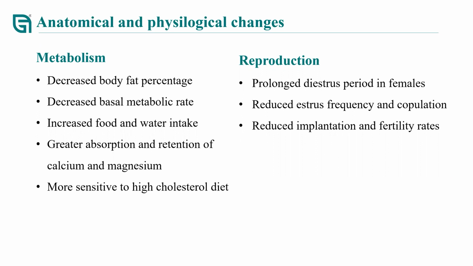Last, GF mice are more sensitive to a high cholesterol diet, and it has been reported that the level of blood cholesterol in GF mice was 2 times higher than that in SPF mice when fed with a high cholesterol diet. So for the reproduction characteristics, as the absence of gut microbiota can affect reproduction, Germ-Free females have a prolonged estrous period, reduced estrous frequency and copulation, and reduced implantation and fertility rates.